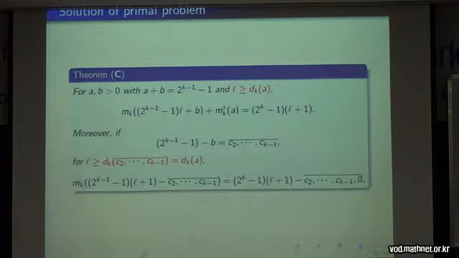But we know all the solutions of the dual problem, so we can deduce the solution of the primal problem by 2 to the k minus 1 times L plus 1 minus the solution of the dual problem. That is stated in the bottom line.